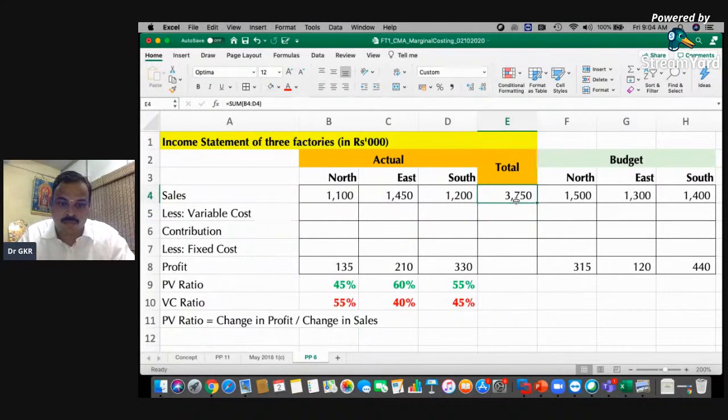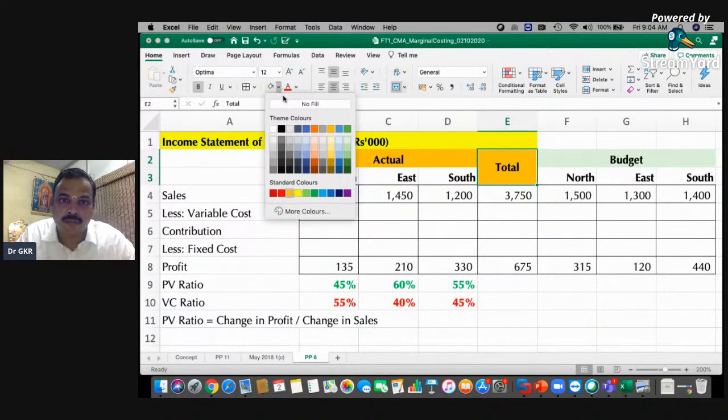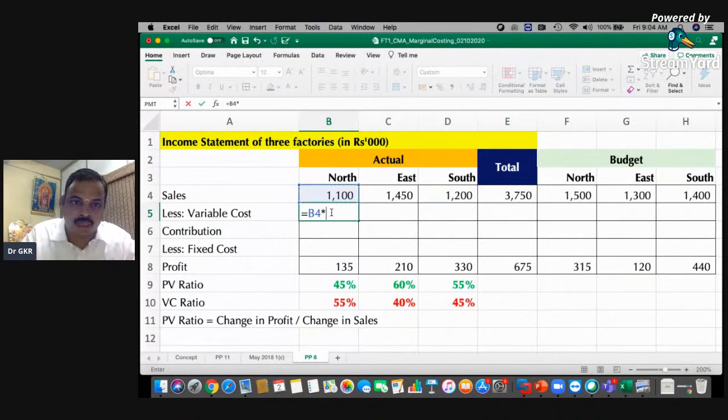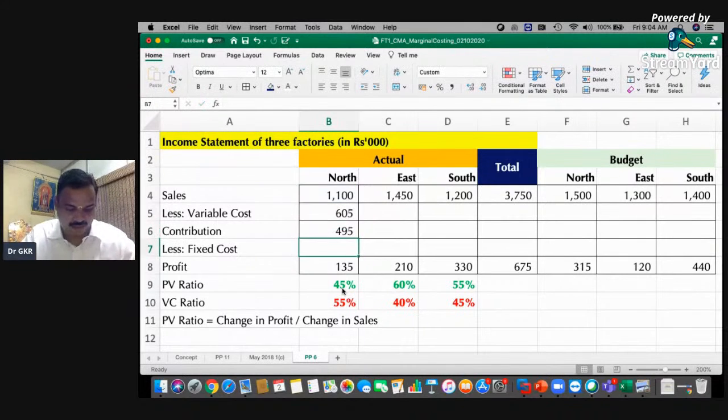And what is your total profit? This is your total. So what is your variable cost? Your variable cost is on 1100, 55%. Your contribution is on 1100, 45%. So what is your fixed cost?